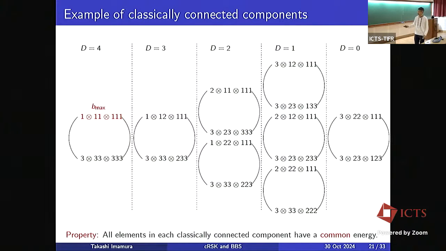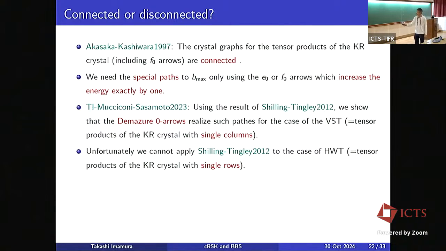This question is related to the connectivity of the crystal graph. It has been known that the crystal graph itself is connected, including the zero arrows. This is a very general result on crystals by Akasaka and Kashiwara.